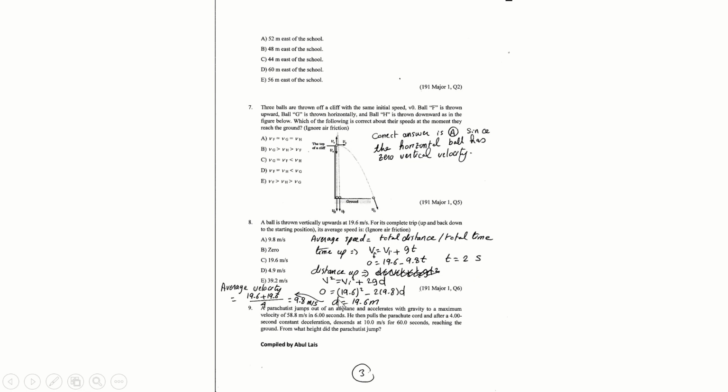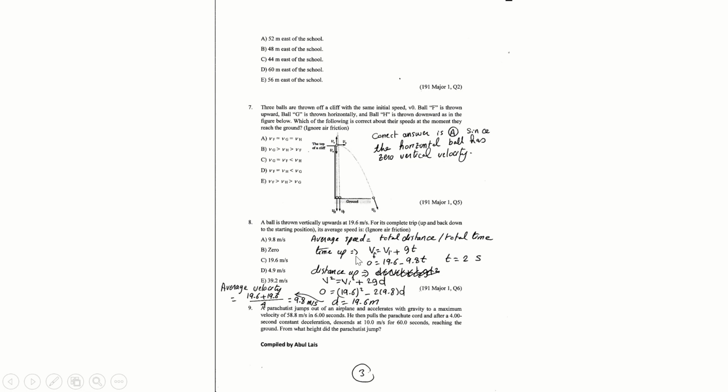So now I can calculate the distance up, which is calculated by V final squared equals V initial squared plus 2GD. Remember, the final velocity is 0, and the initial velocity is 19.6 squared minus 2 times 9.8 multiplied by the distance. Now I can solve for the distance, which is 19.6 meters.